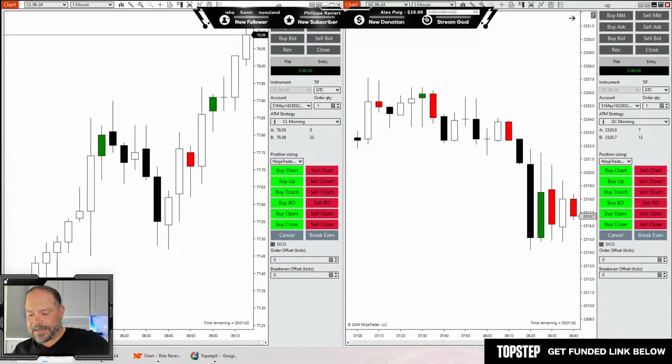I have tried on the NQ. If you guys know, I've been trading the Rob reversal for probably 2 years. But I started off on the lower time frame. I started off on the 1 minute time frame, and I also messed around with the 5 minute time frame.